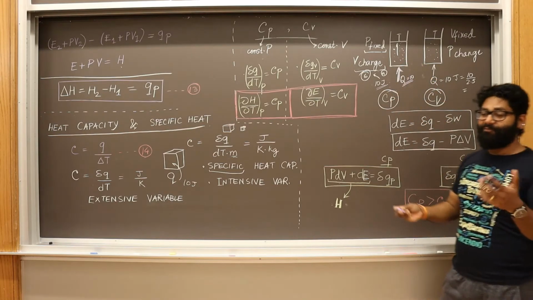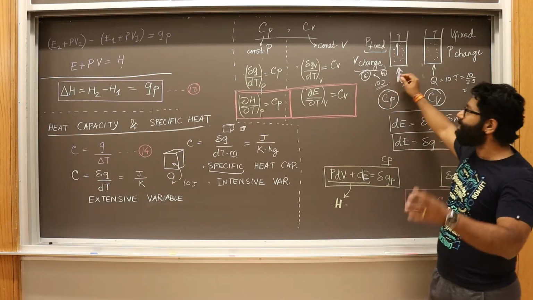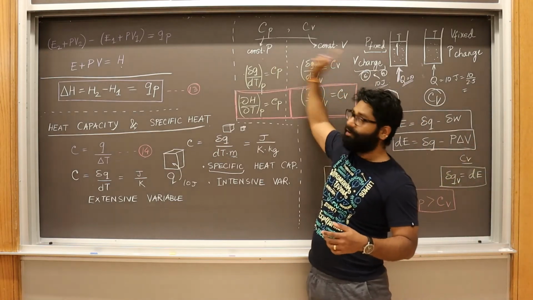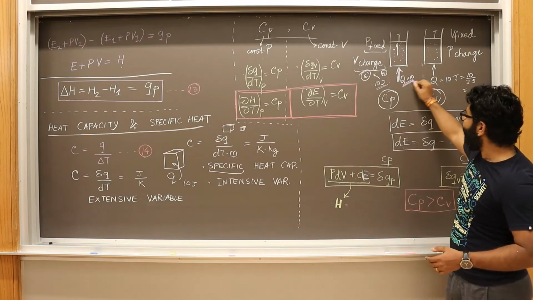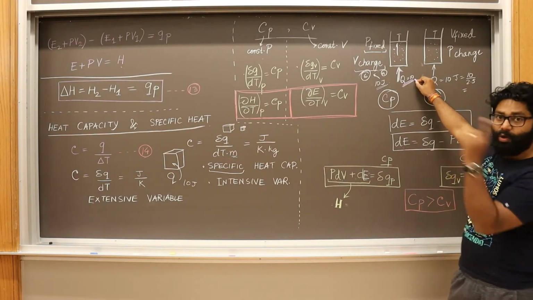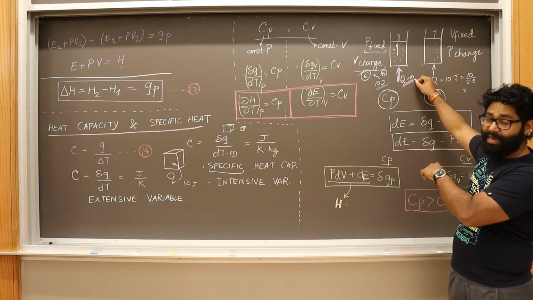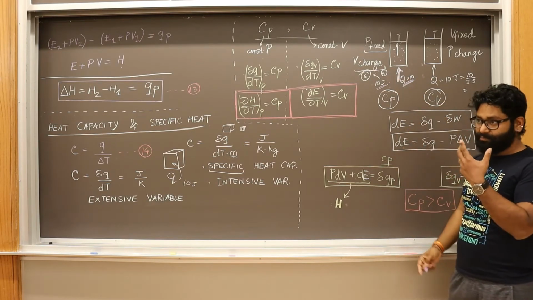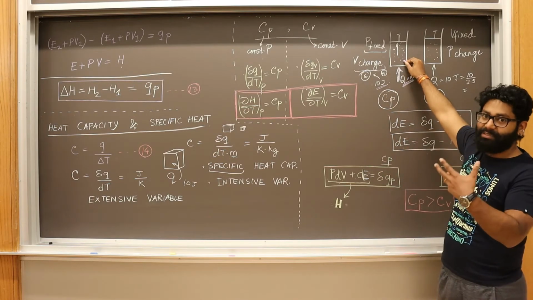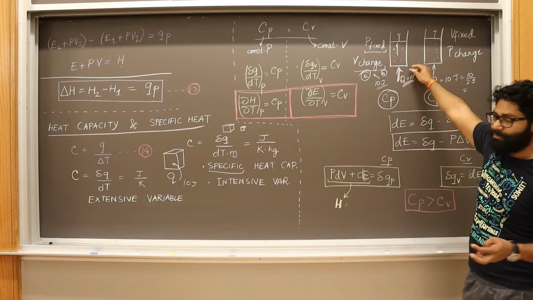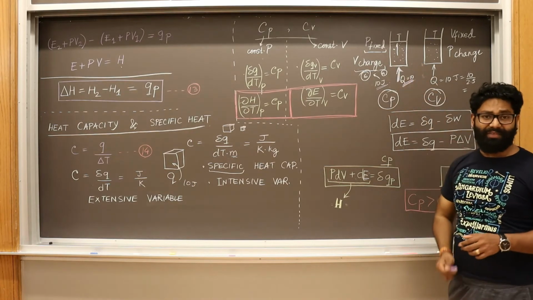Now, if we want to find out the specific heat capacity of this gas at constant pressure, you had 10 joules. You have to take into account that you gave it 10 joules, but it couldn't use that 10 joules entirely to increase the temperature of that system, right?